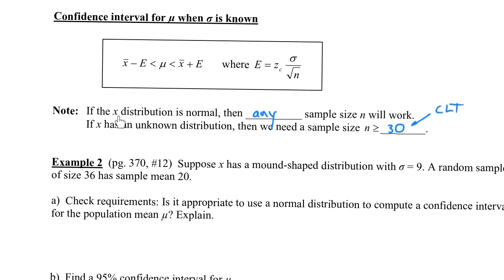Because if we are sampling from a normal distribution, then our sampling distribution will be normal no matter what. So if the x distribution is normal, any sample size will work. And then if you remember, if x has an unknown distribution, then we need a sample size greater than or equal to 30. So I mentioned in the earlier video, 30 is our magic number, right? So we need to always make sure we have a sample size of 30 or more, because if we do, then the x bar distribution will be normal.